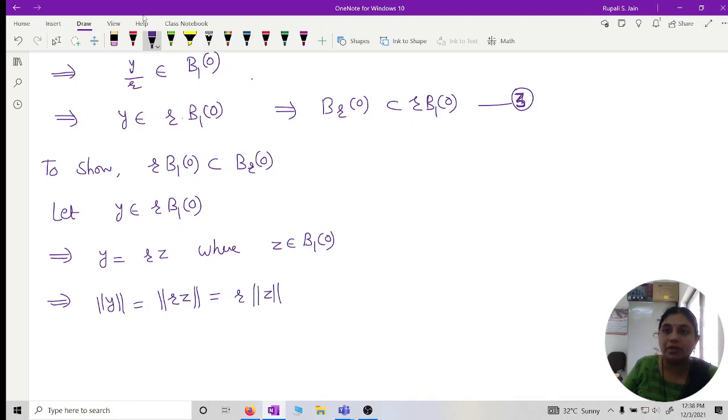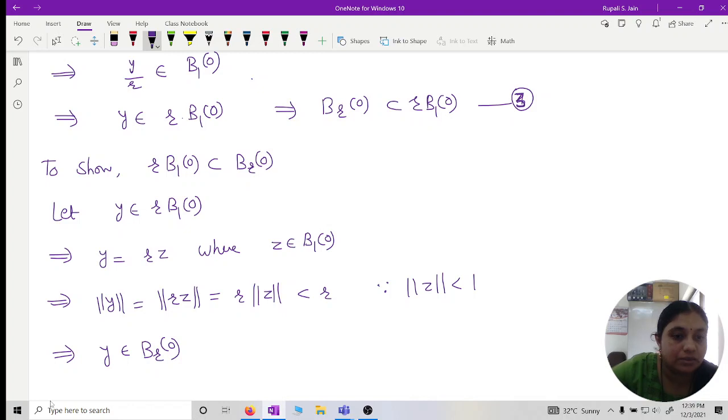Less than r, because the norm of z is less than 1, right? This implies y belongs to Br at 0.